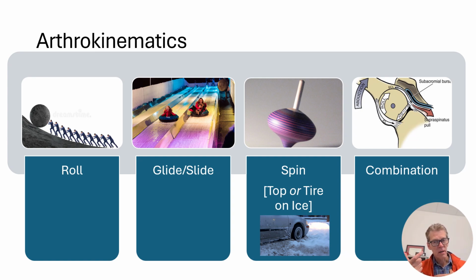A concept that we need to also keep in mind is that at a joint, both segments, both sides of that joint could be the moving segment. So at the humeroulnar joint, it could be my forearm that's moving, or my forearm could be stable, and it could be my humerus that's moving.